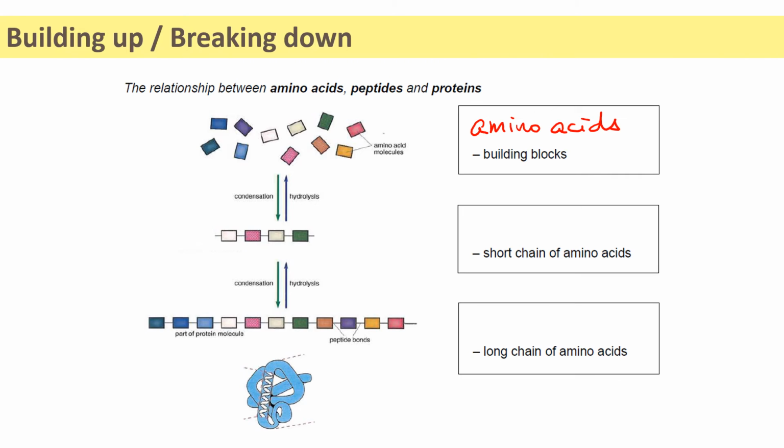And eventually they become a protein. But there are different terms used in this process. Okay, so let me introduce to you. The final product is a protein, which is a well-folded form.